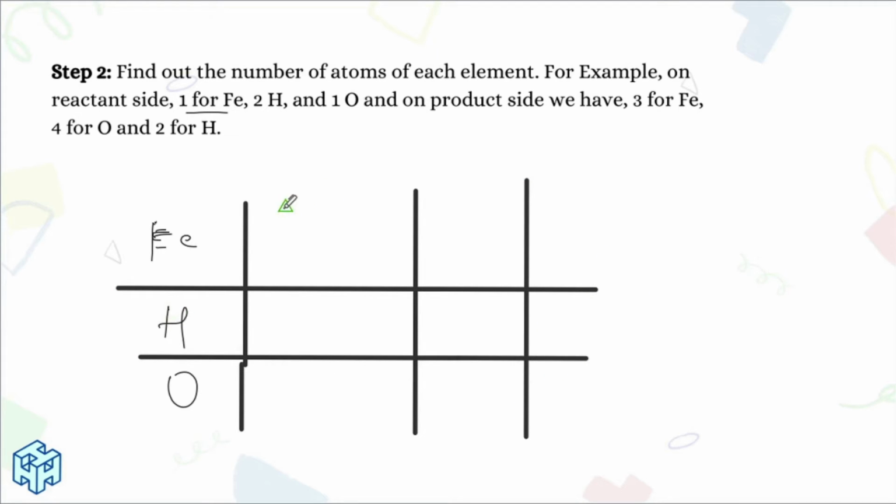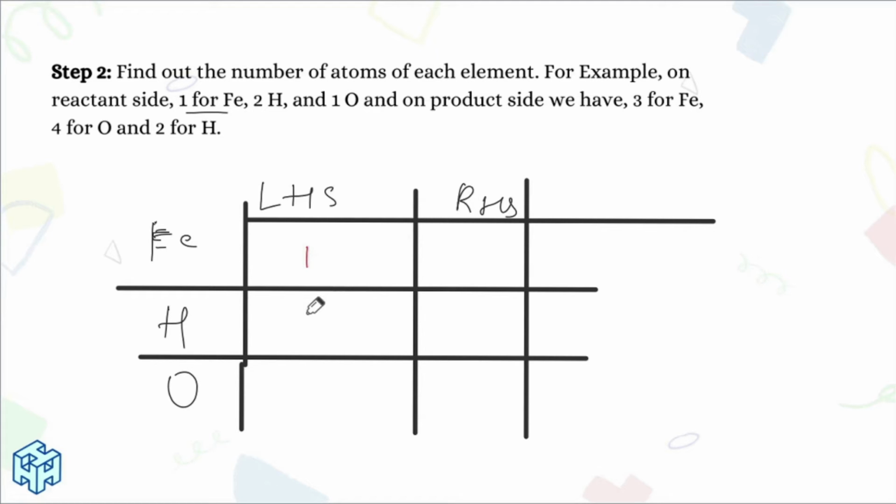How many elements did we have in the LHS, and in the RHS? Let us do 1. We had 2 here, and 1 here. See, it's given 3, 2, and 4. Did we understand? This is the second step.